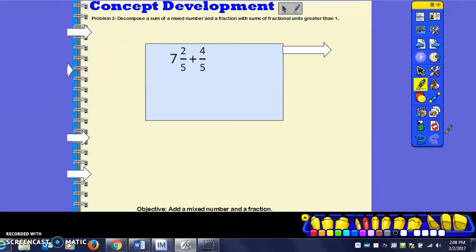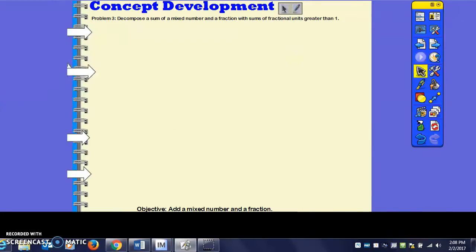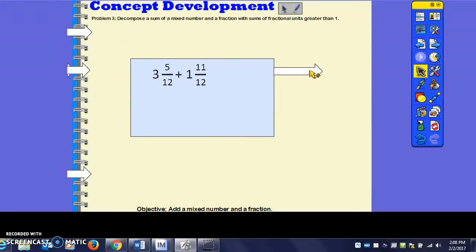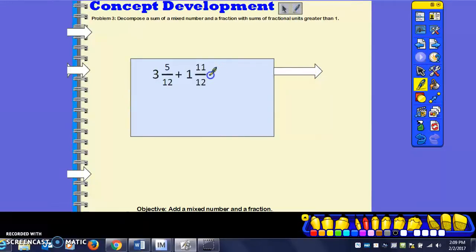Good. Let's try one more on our boards. Last one. All right. This time we have whole numbers. So let's add those first. 3 plus 1 is 4. 5/12 plus 11/12 is 16/12. Is 16/12 an improper fraction? Yes, it is.